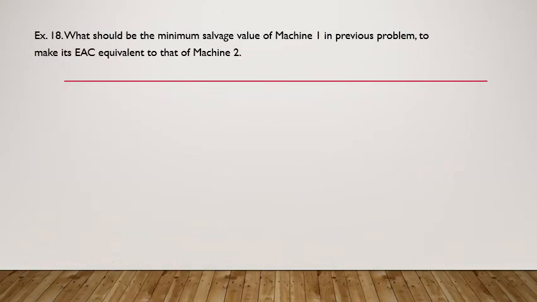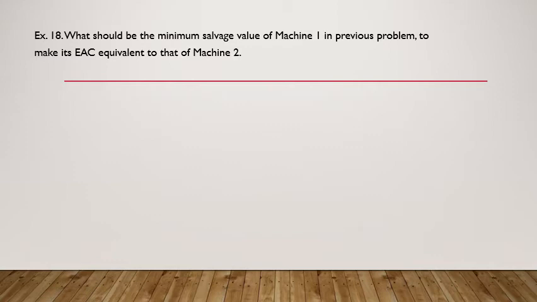Let us take another example. What should be the minimum salvage value of machine 1 in the previous problem to make its EAC equivalent to that of machine 2? That is why I took a very simple problem. Now, I could see that machine 2 was preferred over machine 1.